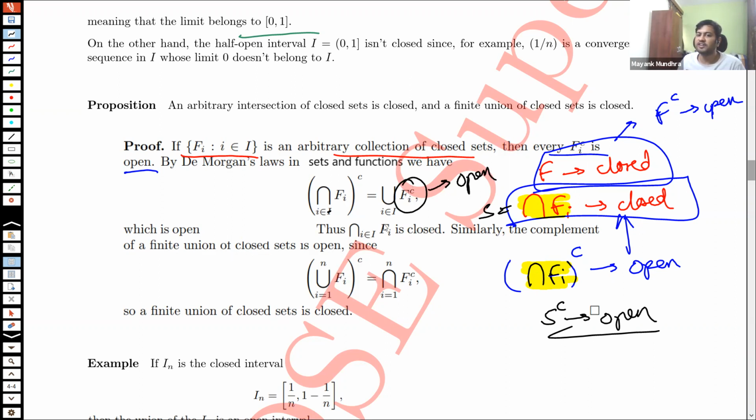So the union of Fi complements is open. So this entire thing is open. So since the complement of this set is open, then this set itself must be closed.